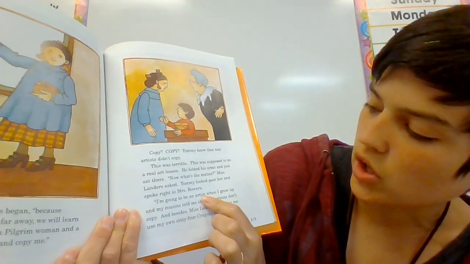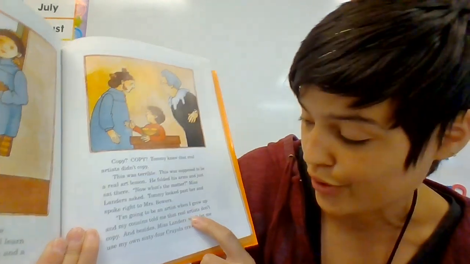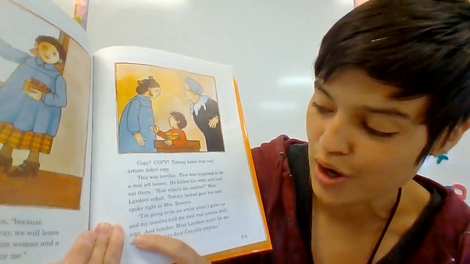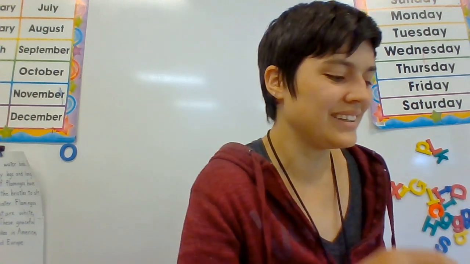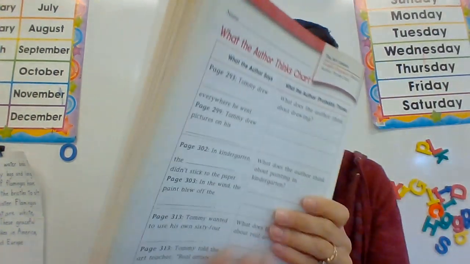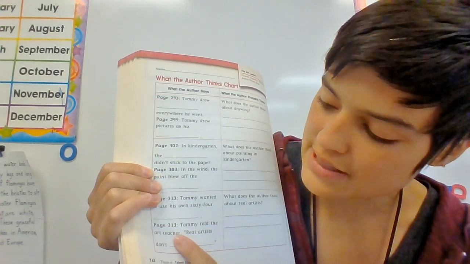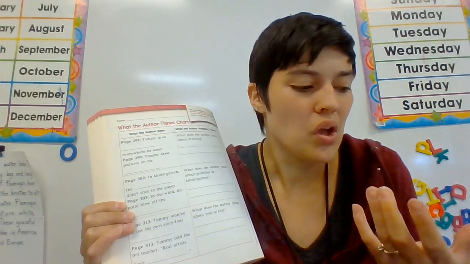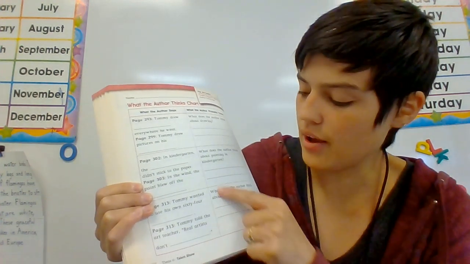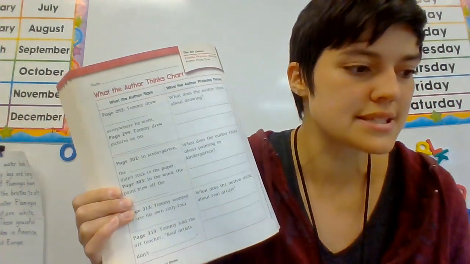I'm going to be an artist when I grow up, and my cousins told me that real artists don't copy. So because the author says, Tommy told the art teacher, real artists don't copy, what do you think the author thinks about it? What does the author think about real artists?